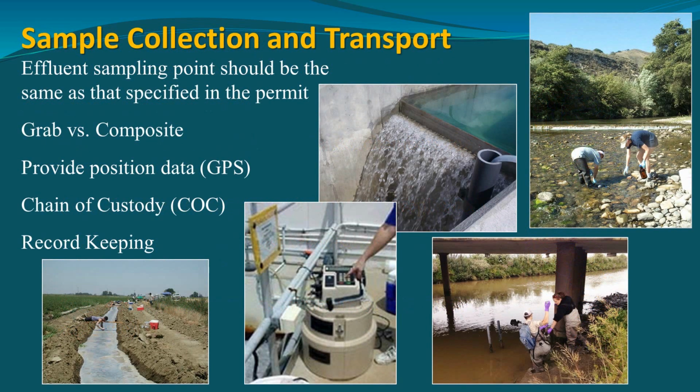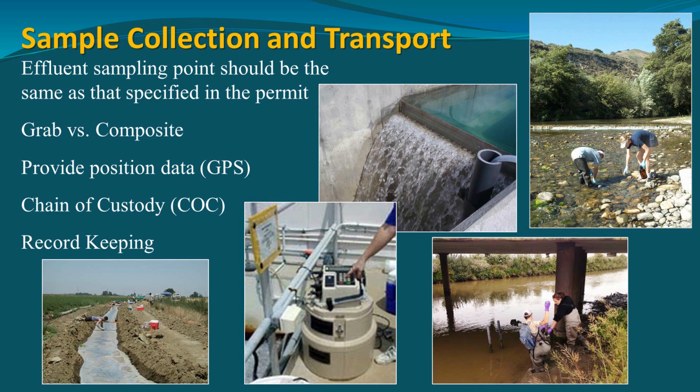Sample collection. So usually for effluent sampling, and when I say effluent, I'm usually referring to something like a sewage treatment plant or a manufacturing plant, produced water from a refinery, a point source, something that has to be specified in a permit. There's usually a single place in a plant where the effluent is collected. There's usually some sort of composite sampler that collects that sample.